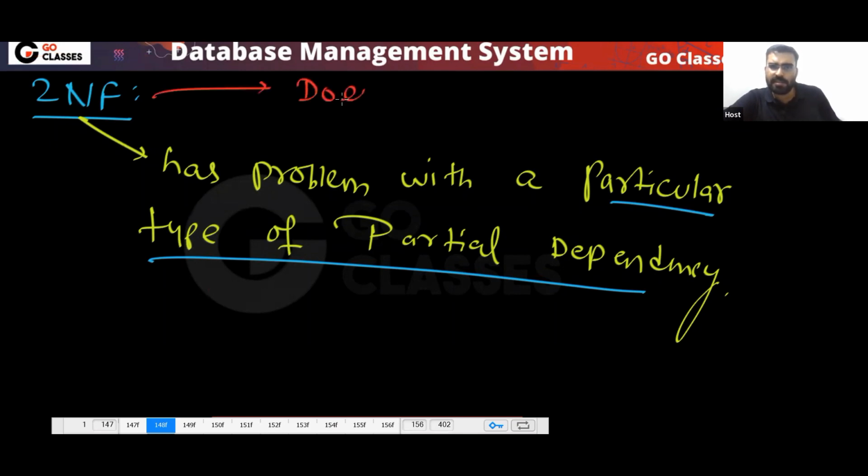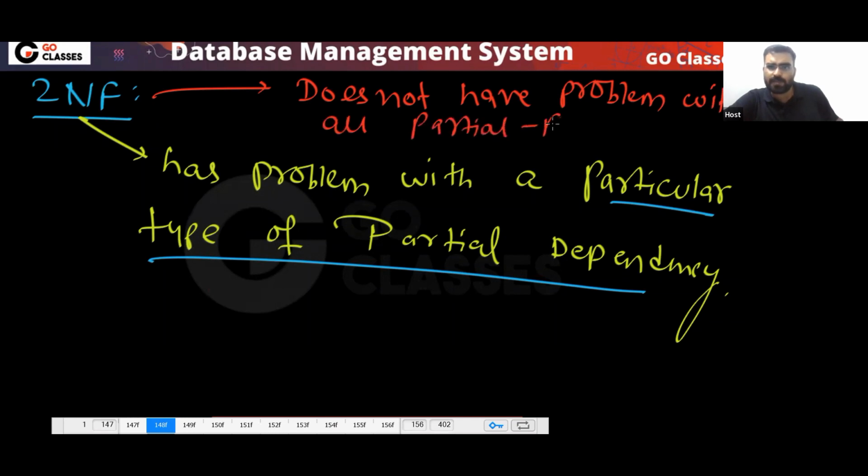Only a specific, particular type of partial dependency is the problem for 2NF. Is this clear?